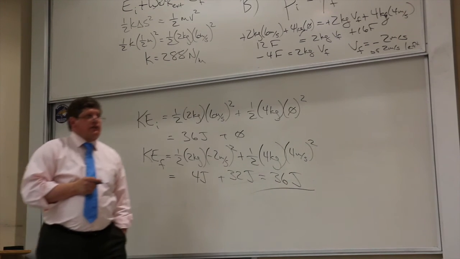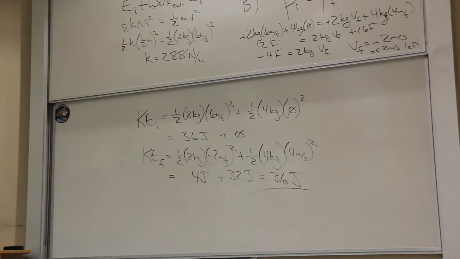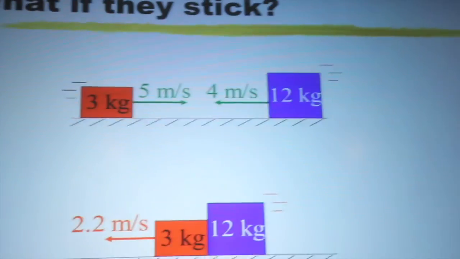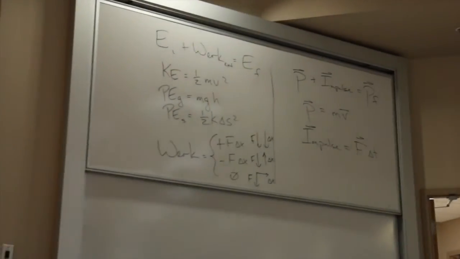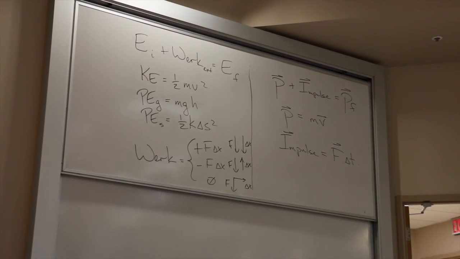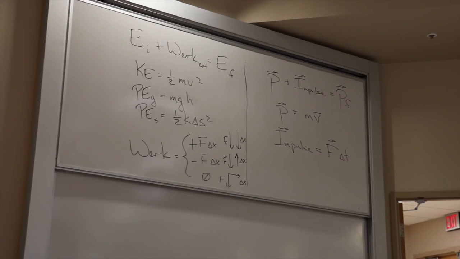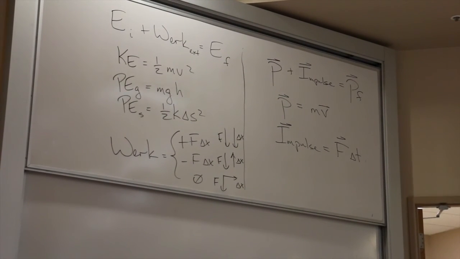Now the last part of this problem says, for how many seconds does this big block scrape across the rough section of track? Well, since we're asked for how many seconds, it's momentum. And since it's no longer a collision, the collision's already happened. And now we've just got that block scraping across the table, or the floor.